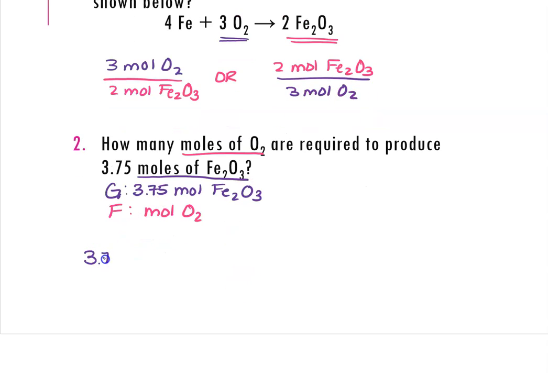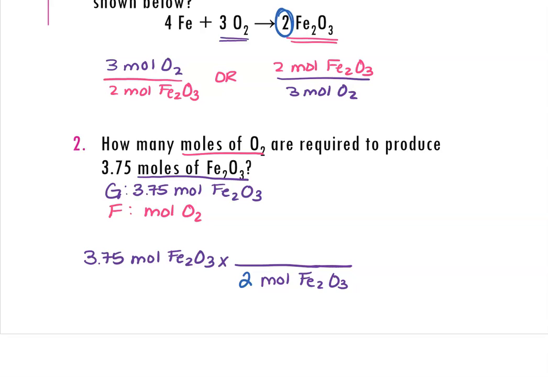So if I start my calculations here, I'm going to start with what I'm given, which is moles of Fe2O3. So just like we did last time, whatever unit you're starting with has to go in the denominator to get it to cancel. So if I'm starting with moles of Fe2O3, that means that moles of Fe2O3 are going to go in the denominator. And the number that goes here, that's going to be the coefficient from my balanced equation.